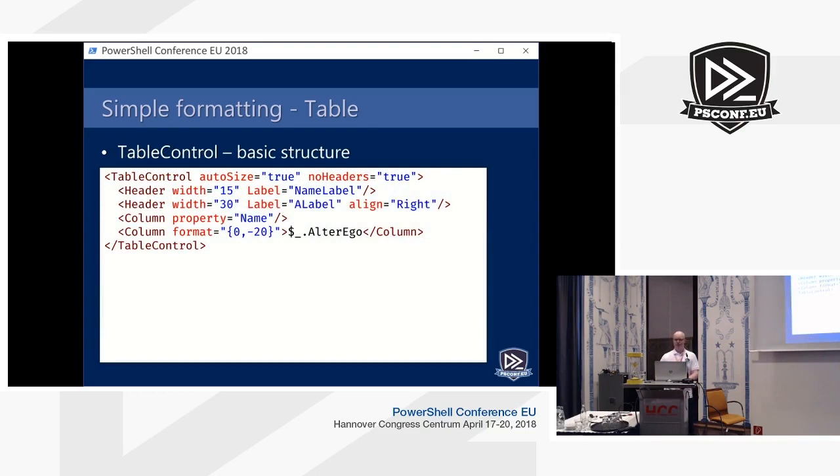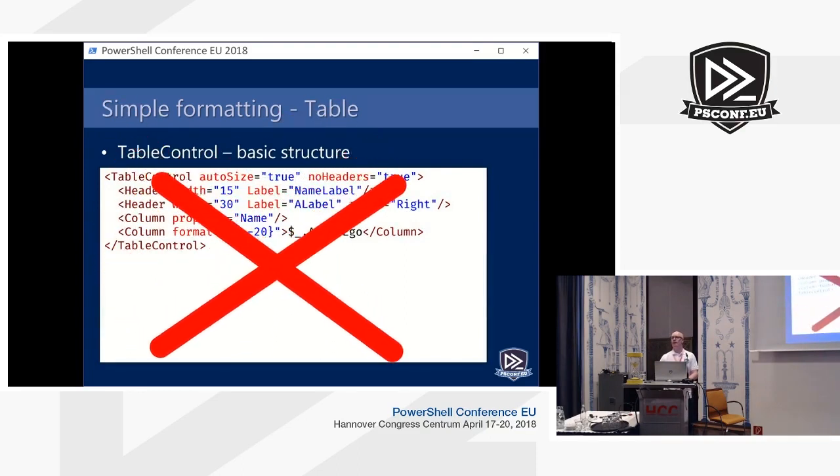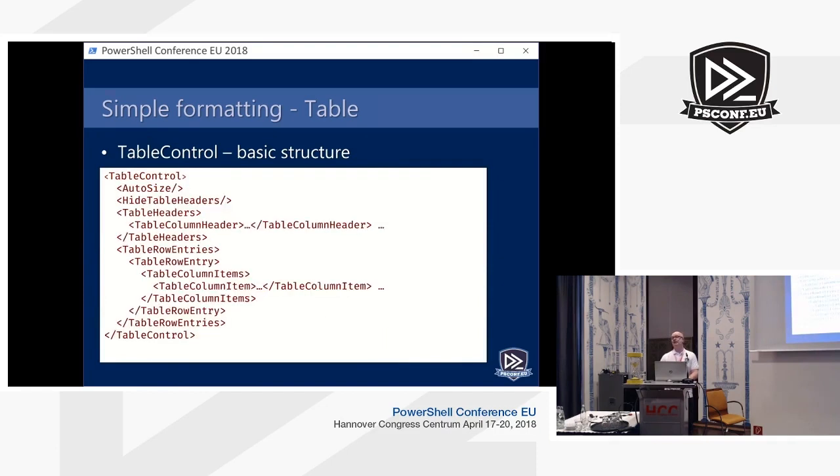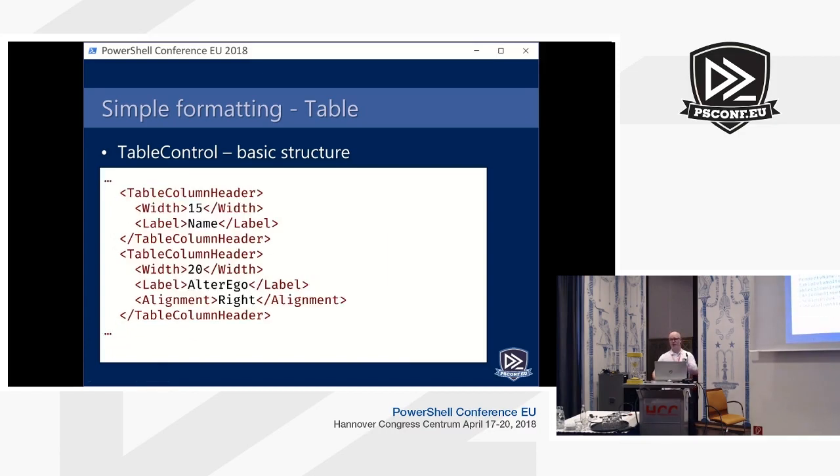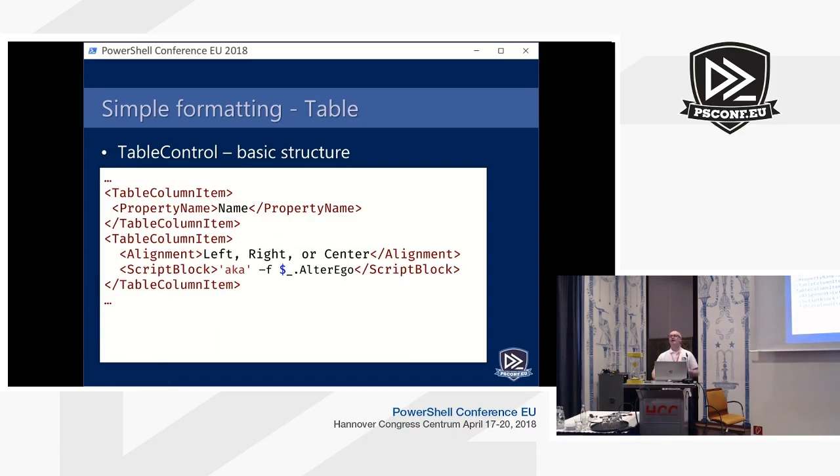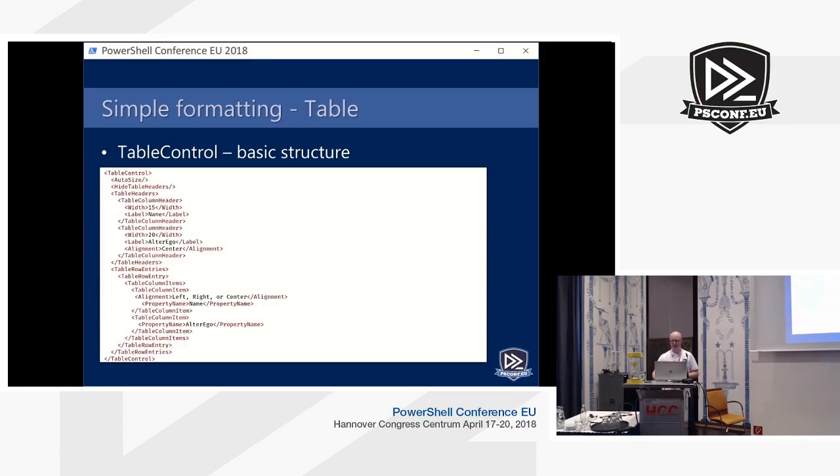This is not how I write it. I wish it were. Instead, this is probably the most verbose XML dialect I ever saw. And you see the small dots here, meaning this isn't all of it, because this is part of it, and this is part of it, and it's so verbose. Here's a small piece of it with only 2 properties rendered.